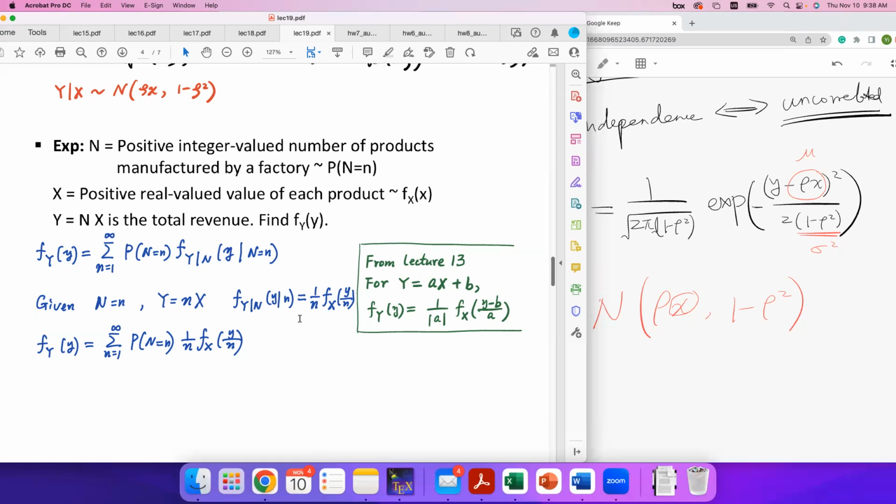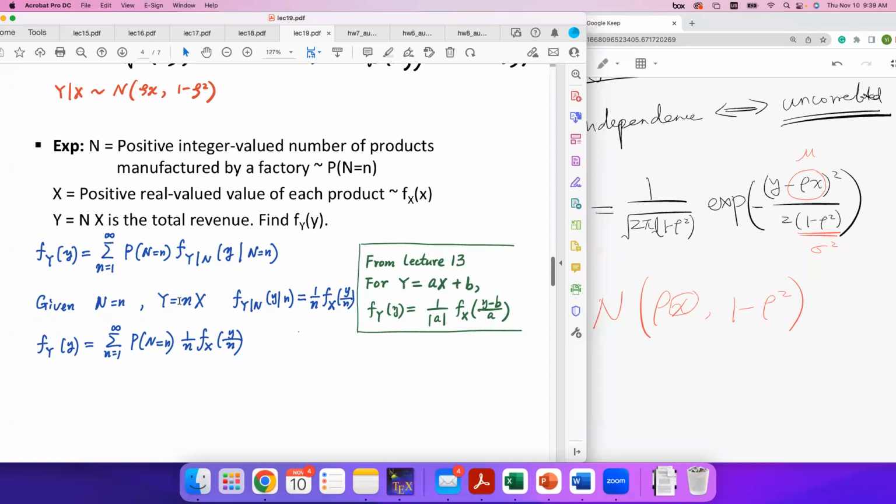Here we are utilizing the transformation of random variables, functions of random variables.